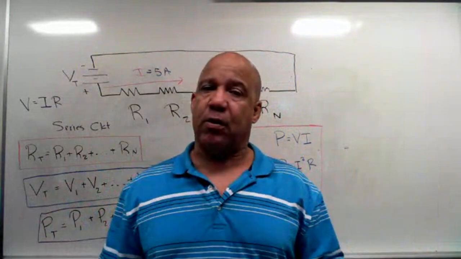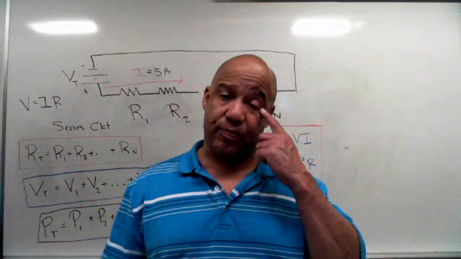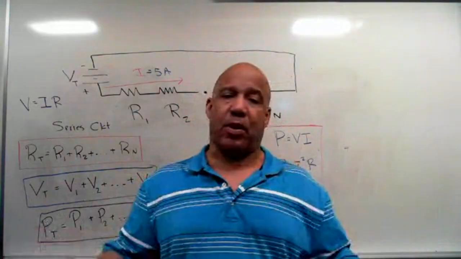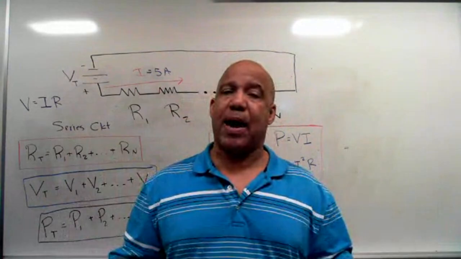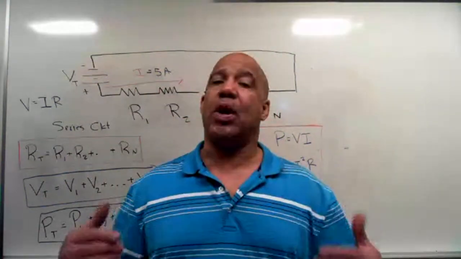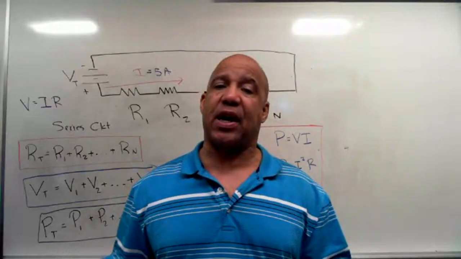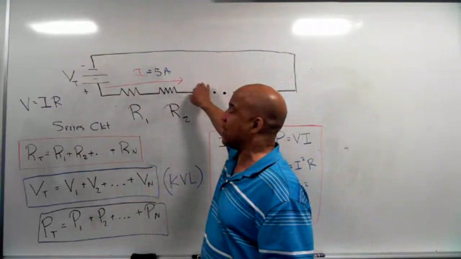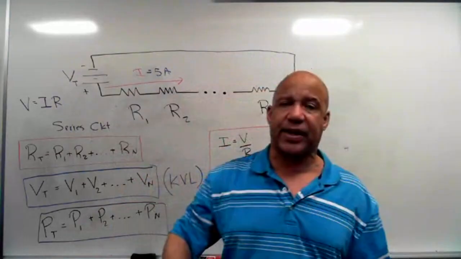So I'm going to give you some practice problems here in just a minute. What you'll do is read the problem. If you've got to read it more than once, that's fine. Read it as many times as you need to understand it. Once you understand what you're being asked, I want you to model the problem. Draw a picture based on the schematic symbols I introduced to you in the last class.